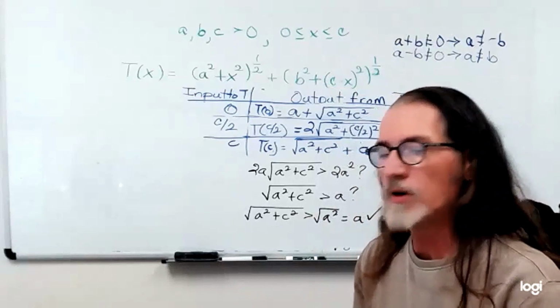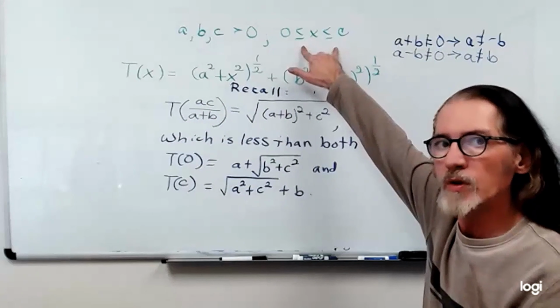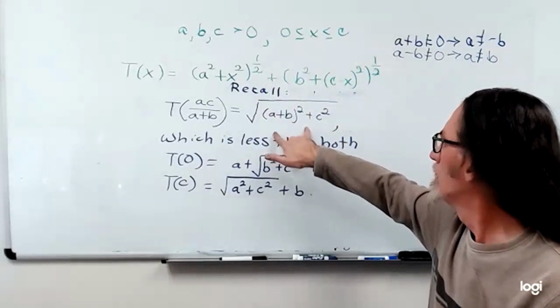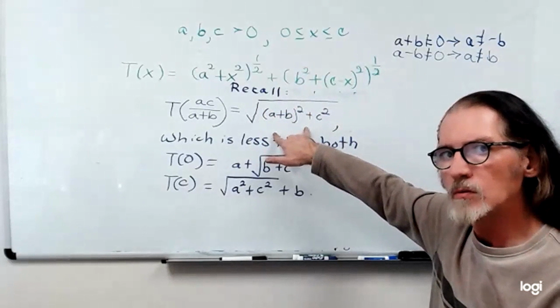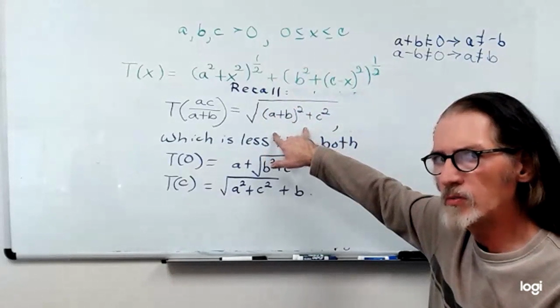But hold on, we're not done yet. So hold on. We thought about geometry when we applied the Pythagorean theorem. And we're finding that when we plug in the critical value that's within the closed interval, that's looking like a result from the Pythagorean theorem as well.